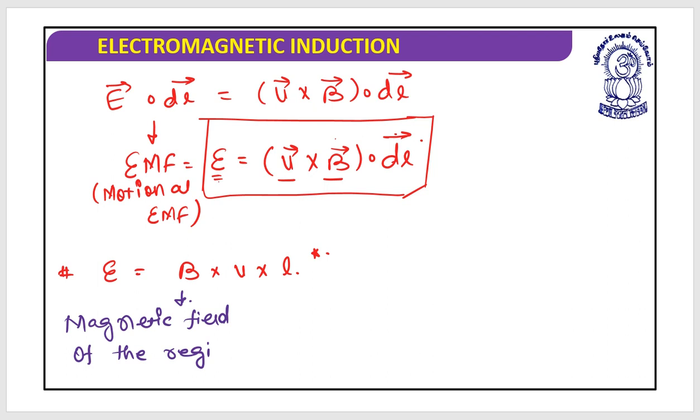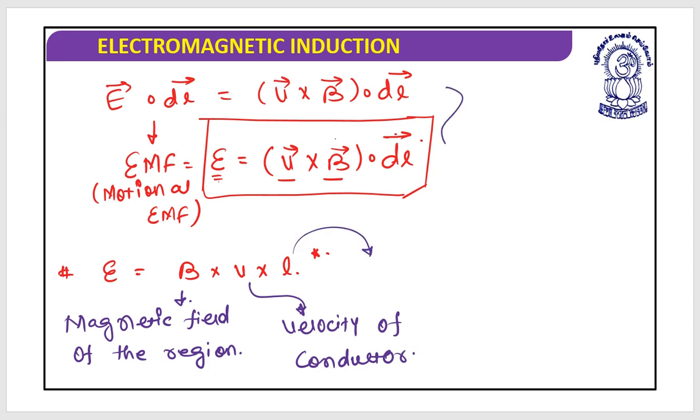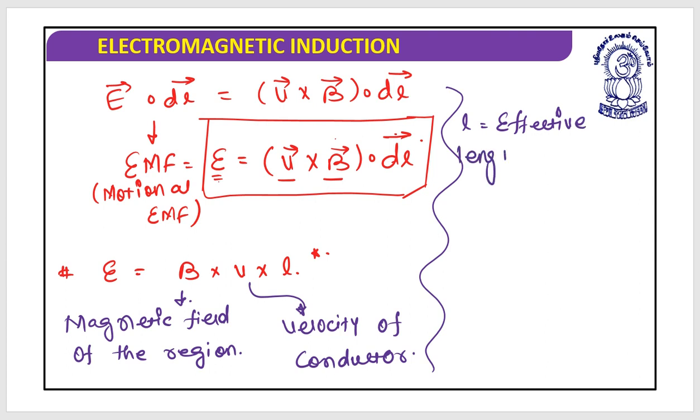When we talk about the v, it's the velocity of the conductor, and L is the effective length of the conductor.